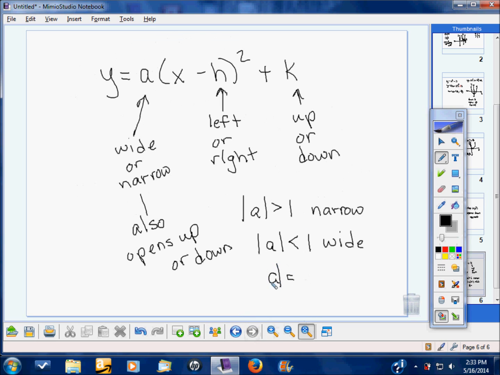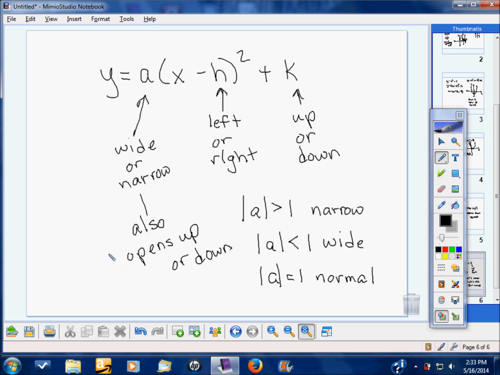If the absolute value of A equals 1, so in other words 1 or negative 1, it's normal. So you're going to look at that: if you've got a big number or a number between 1 and negative 1, like decimals such as 0.5 or negative 0.5, it'll be wide. If it actually equals 1, it's going to be a normal looking graph.